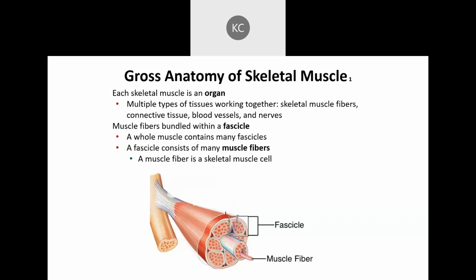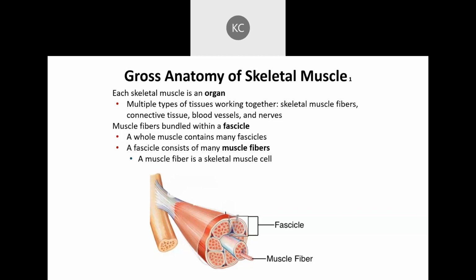So if you were to go into your arm and pull out a muscle, you would pull out the muscle itself, and then you'd have what are called fascicles, right? Fascicles are essentially groups or bands of individual muscle cells or individual muscle fibers. Think of a pencil or a straw.